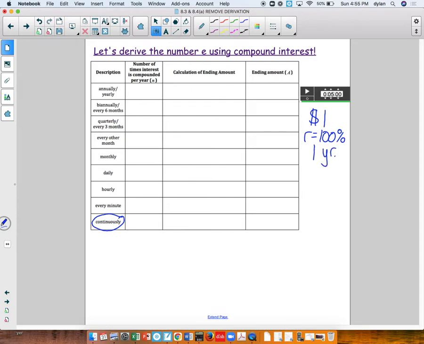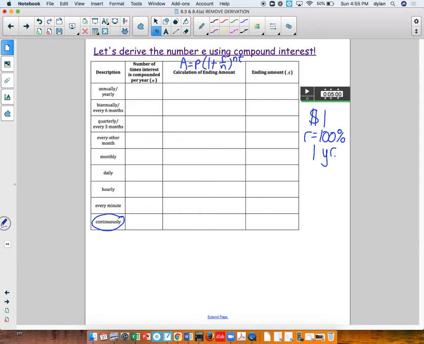Our goal is to figure out how much money we would have in each situation. As a reminder, our formula here is A equals P, the principal, times 1 plus R over N, raised to the NT. I'll do the first example, and then I'm going to ask you to fill out the rest on your own before you resume the video.